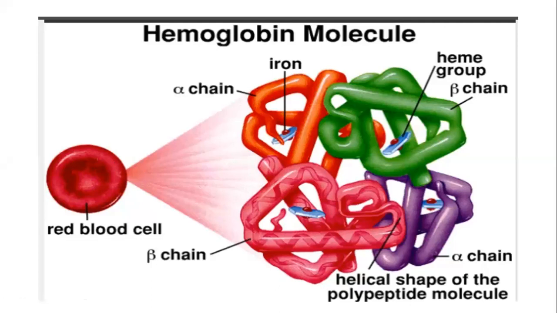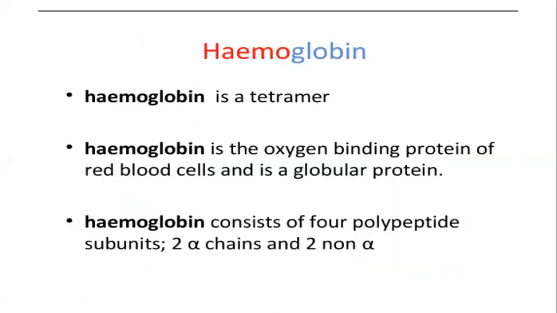And my hope and prayer is that by the end of this discussion, we shall be able to understand what a hemoglobin structure is. So I think it suffices for me to say that hemoglobin is a tetramer. And I think you've seen different globins.